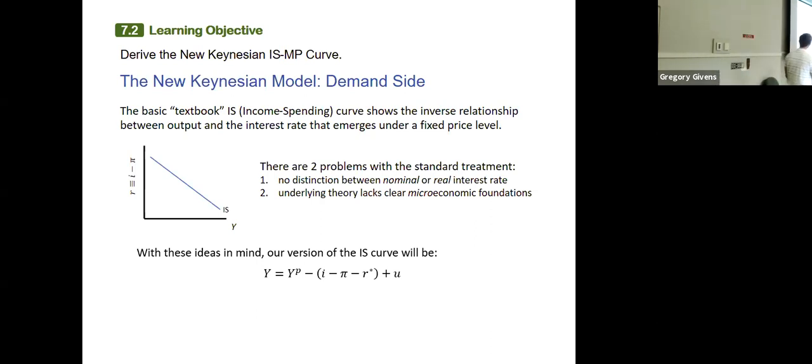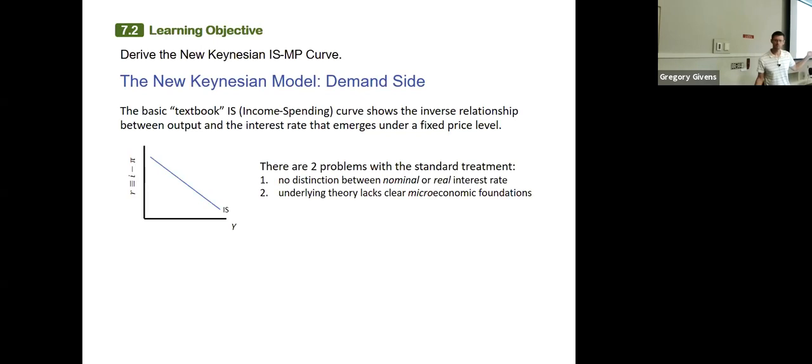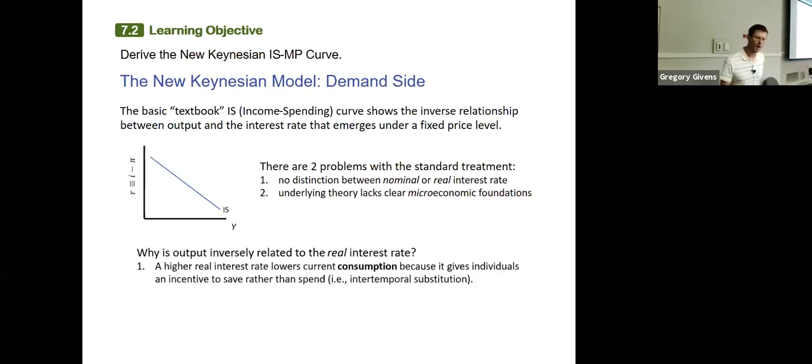Really quickly, to review the IS equation. Remember, the IS curve shows this downward sloping relationship between the real interest rate and the level of output in the economy. It slopes down for 3 reasons that we discussed. One, lower real interest rates should increase consumption because it discourages savings. That's called intertemporal substitution.